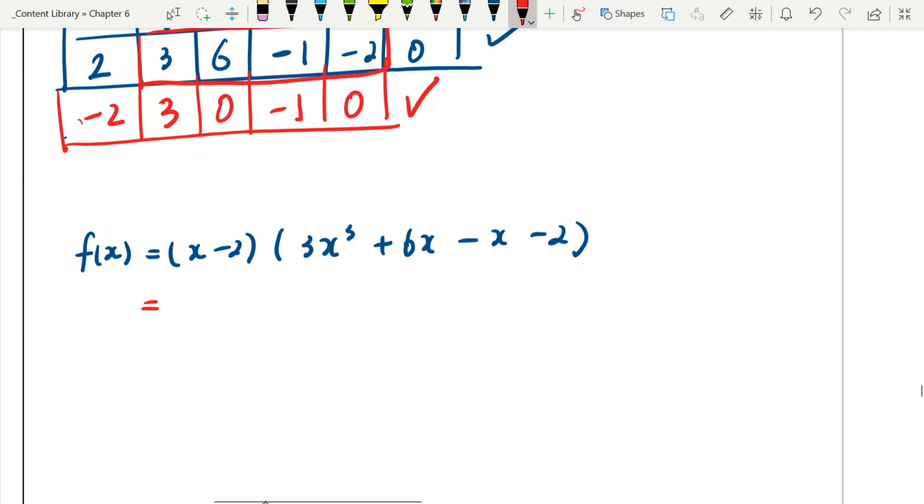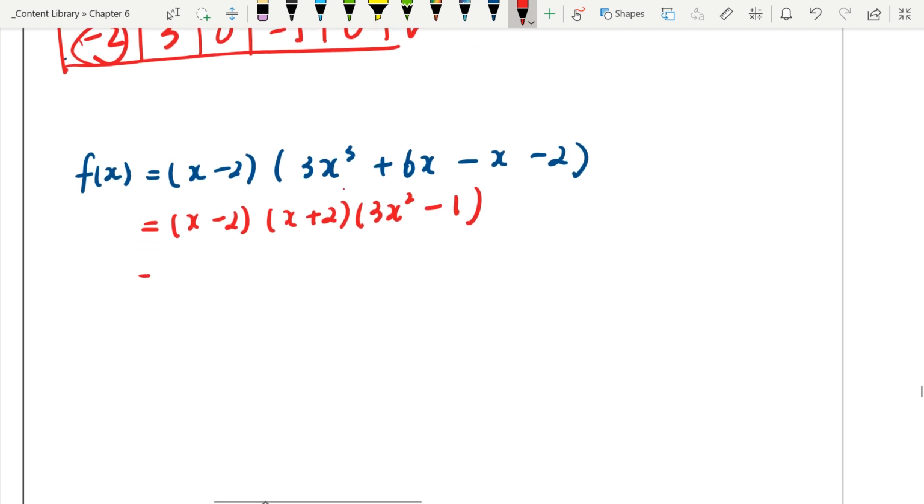So what we have here is x minus 2 and x plus 2, because I have to find another factor from this minus 2 here. And then we have 3x squared minus 1. Therefore, we have x minus 2, x plus 2, and this one will be root 3x minus 1.